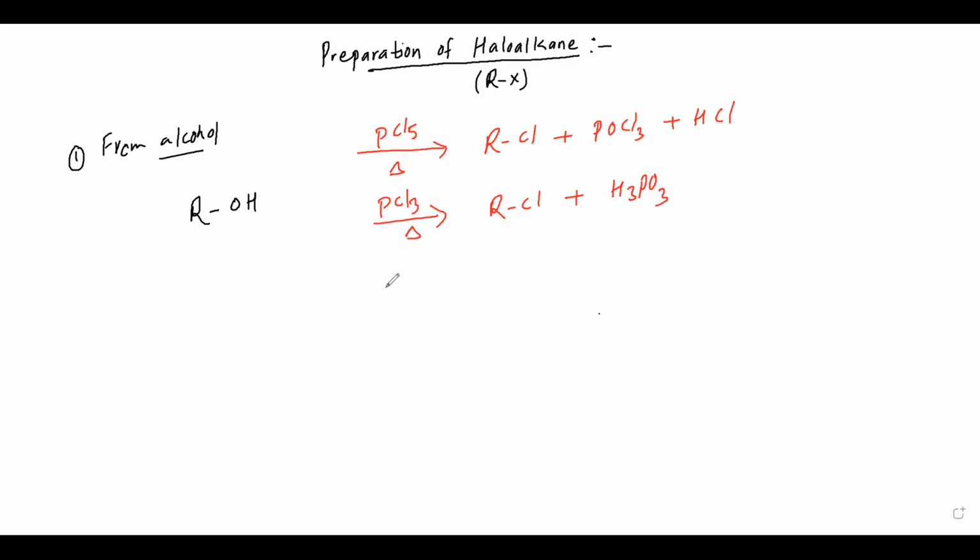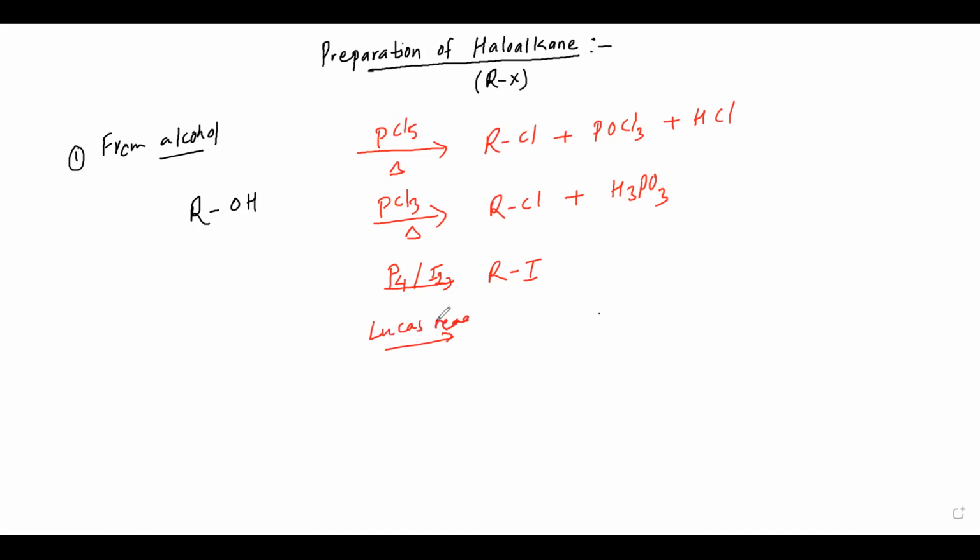Okay, again, alcohol when reacted with red phosphorus in presence of halogen, that is chlorine, bromine, iodine, I'm taking here I2, then the product formed is RI.